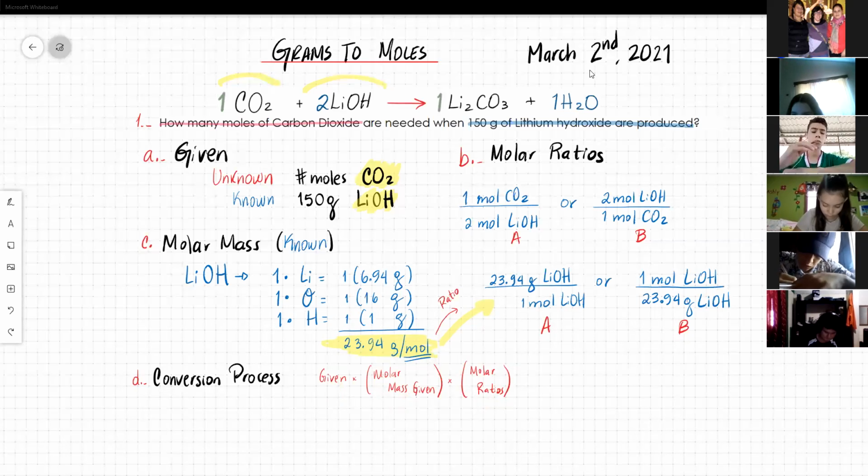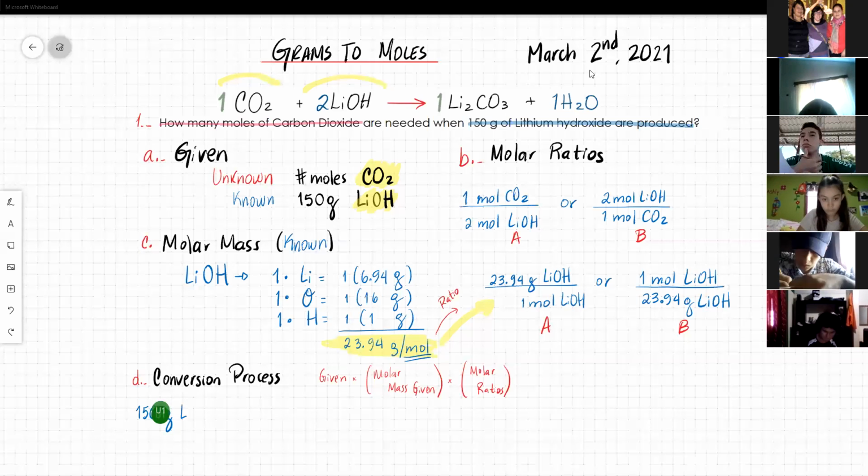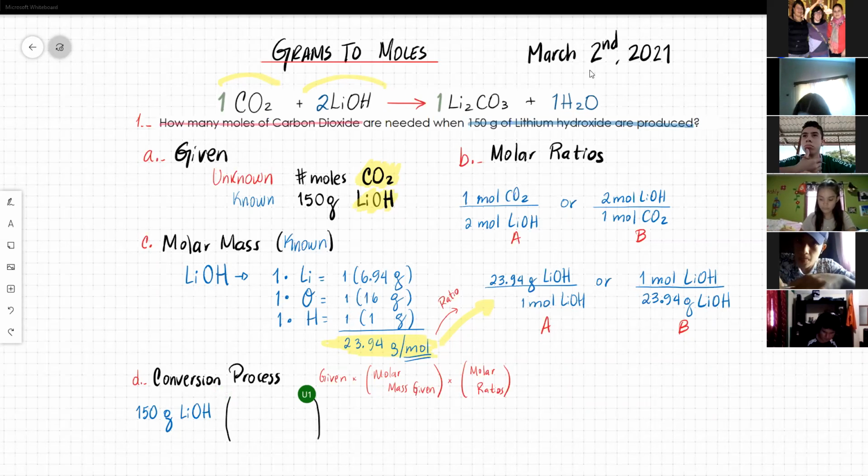So let's do it. We always start by the given, and the given is 150 grams of LiOH. Okay? And it says I have to multiply times the molar mass. By what molar mass do I have to multiply, times A or times B?